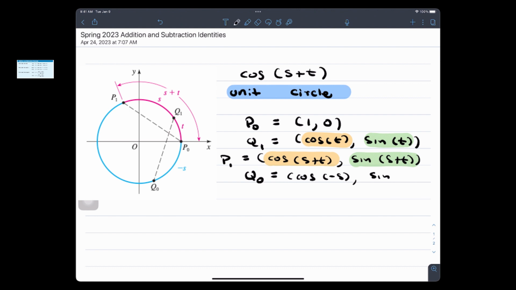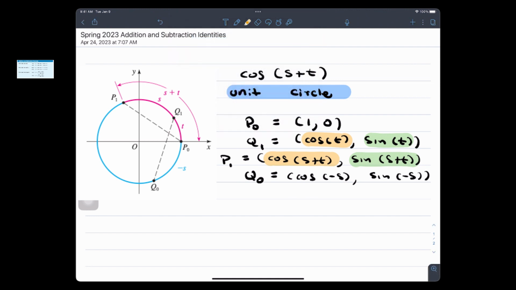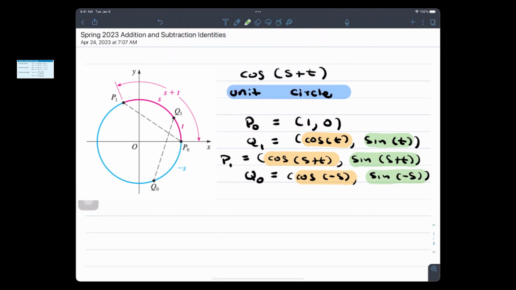So we have the x coordinate here, and we have the y coordinate here.